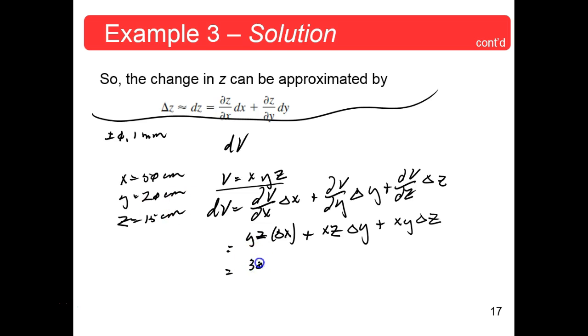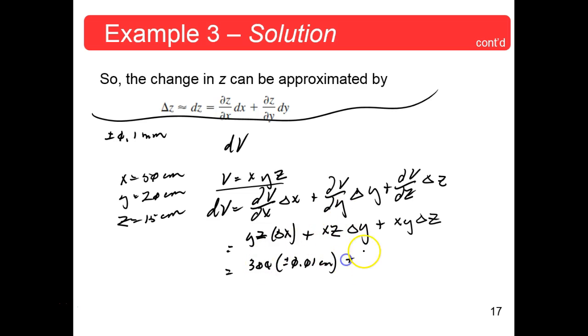Okay? Now this y times z would be 300. And the delta x, are they going to use plus or minus 0.01? 0.01 centimeters, okay? Because that was in centimeters.